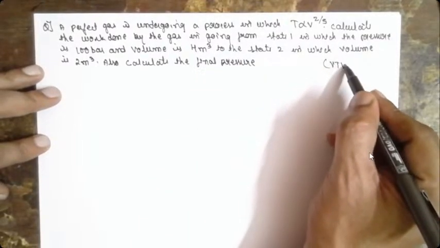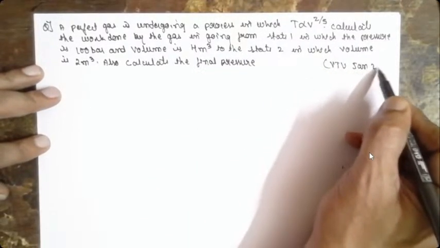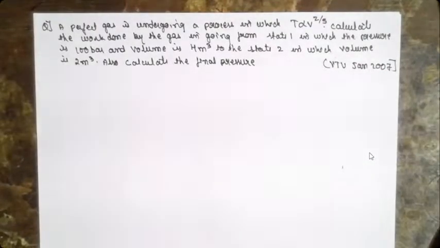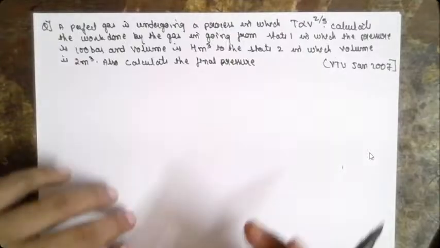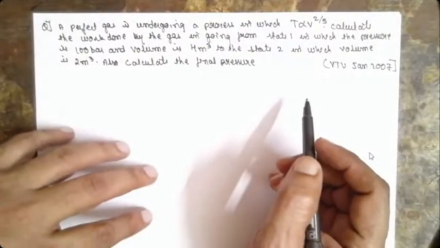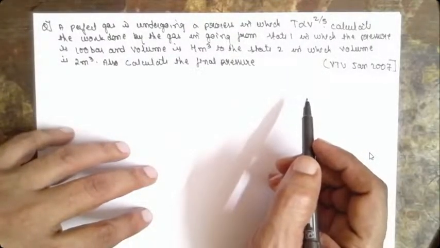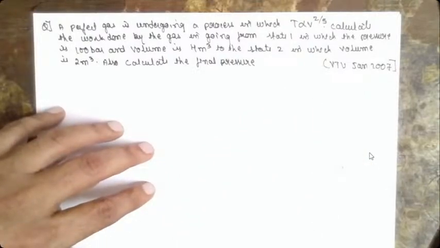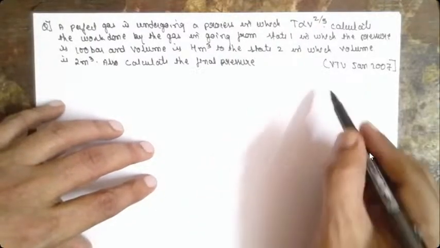VTU problem, VTU Jan 2007 for 10 marks. A perfect gas undergoing a process in which T is proportional to V raised to 2 by 5. Calculate the work done by the gas from the state 1 with pressure of 100 bar and volume 4 meter cube to the state 2 in which the volume is 2 meter cube.